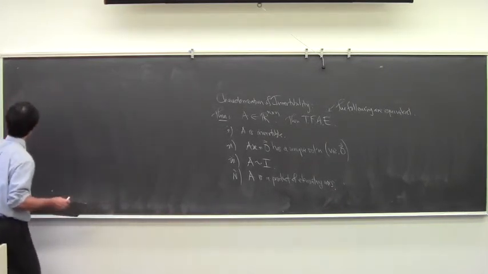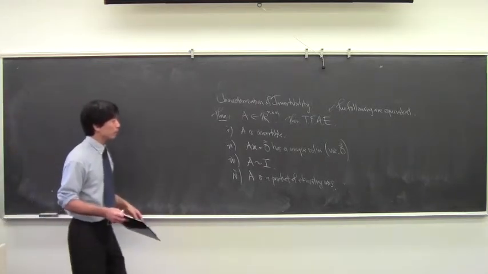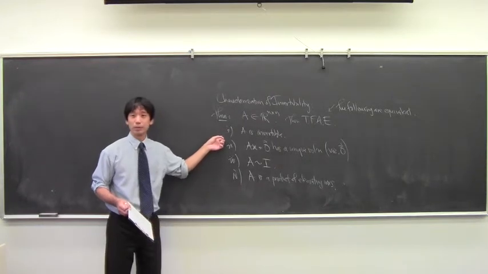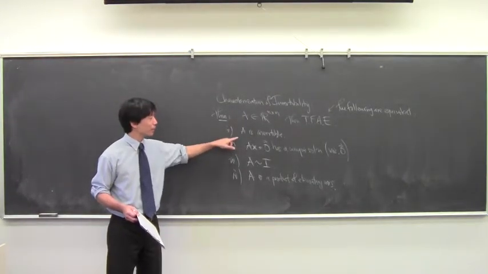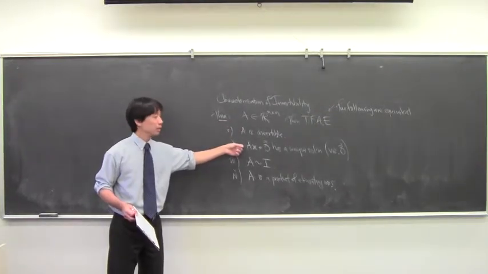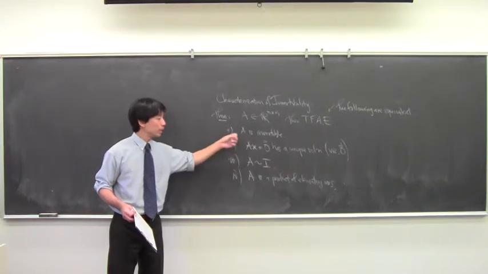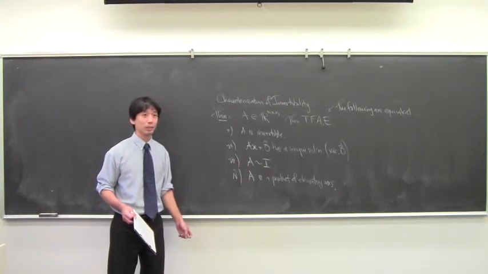This theorem will give us a way of describing or recognizing when a matrix is invertible. A is invertible is equivalent to the system having a unique solution, is equivalent to A being row equivalent to the identity matrix, is equivalent to A being a product of elementary matrices.